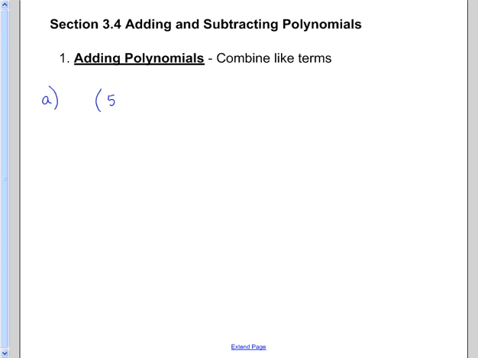You'll have 5x squared minus 2x plus 1 plus negative 6x squared plus x minus 1. So you'll see two polynomials in parentheses, the plus sign between those two. The problem may actually say add in front of it, or could just say simplify.